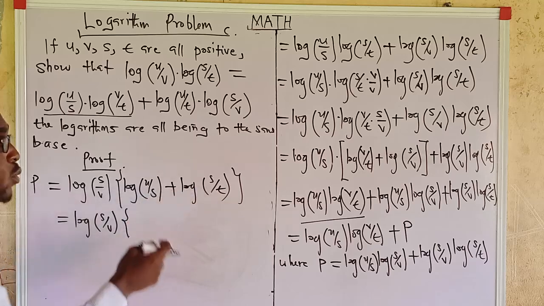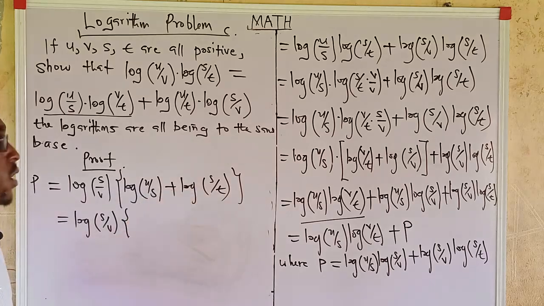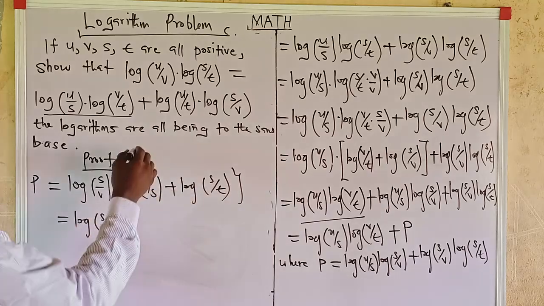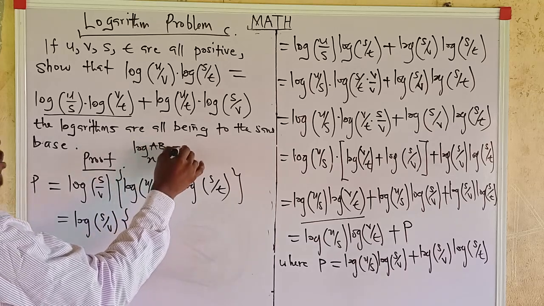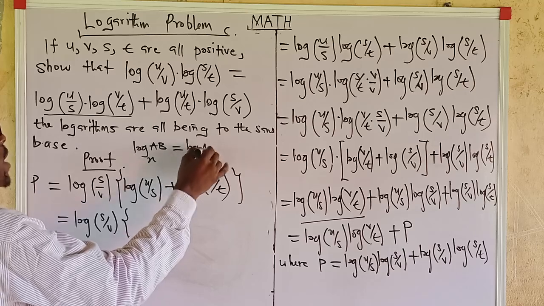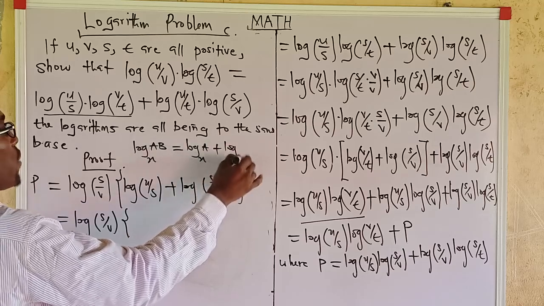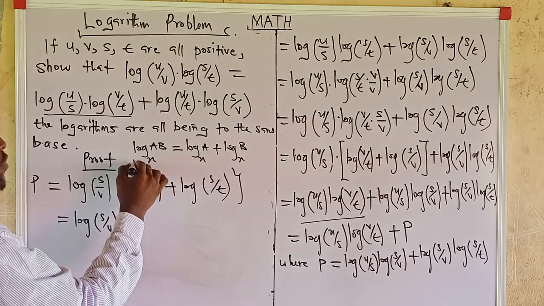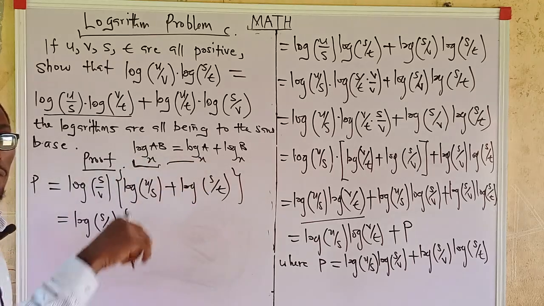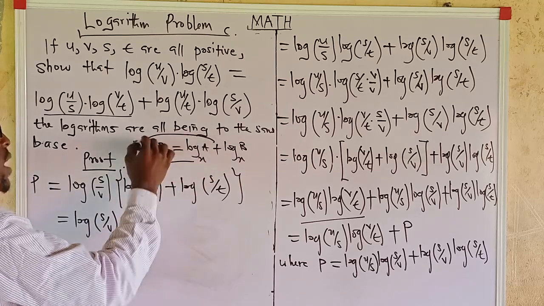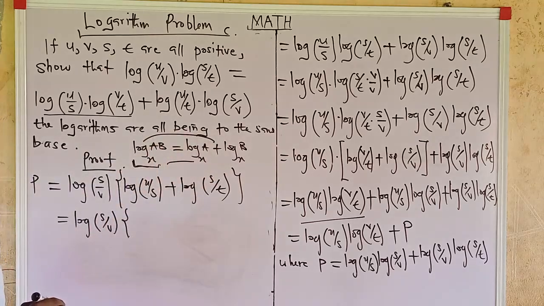Now, this will break down to log to an arbitrary base of S over V multiplied by, now, if you observe carefully, we can use the reverse of the product law I just explained. Let me state the law again. If we have log to an arbitrary base of X of AB, this is equal to log to an arbitrary base of X of A plus log to an arbitrary base of X of B. Since from the left-hand side we can transform into the right-hand side, conversely we can go from the right-hand side back to the left-hand side. So the reverse of the law is also possible.